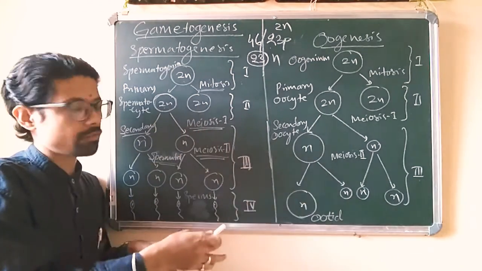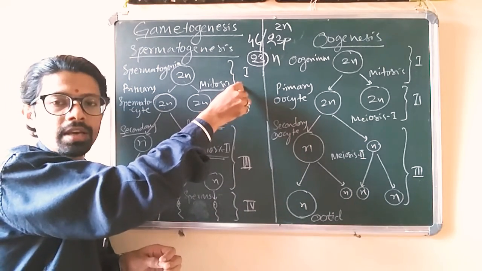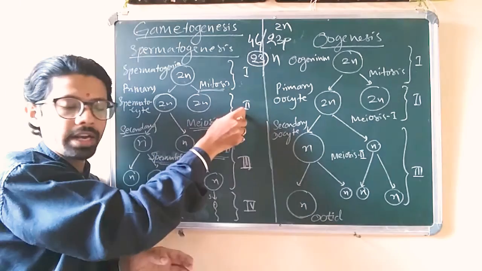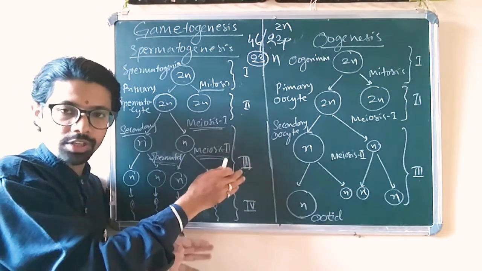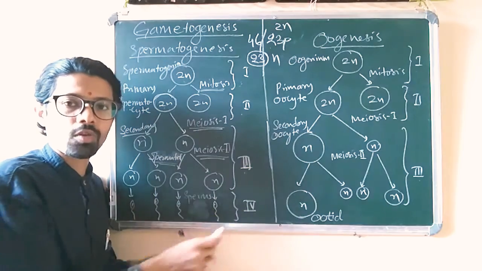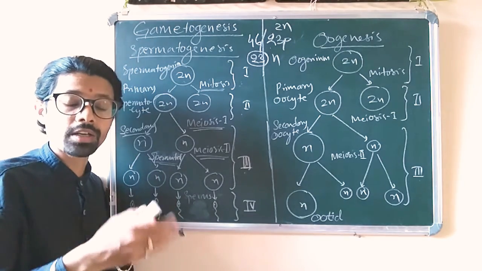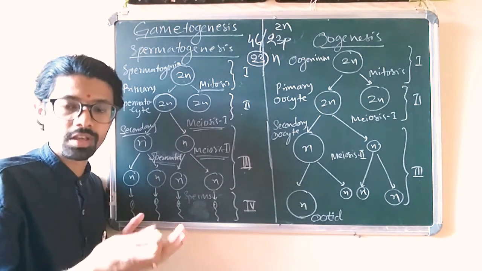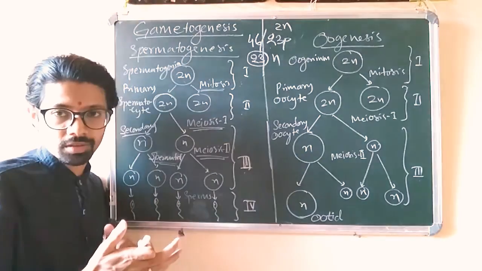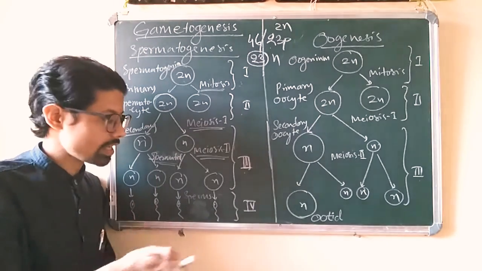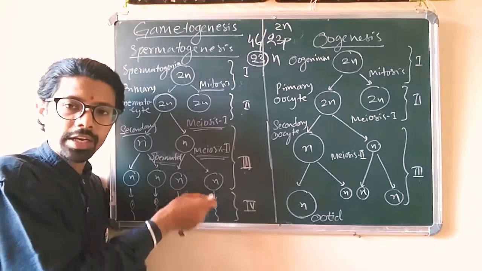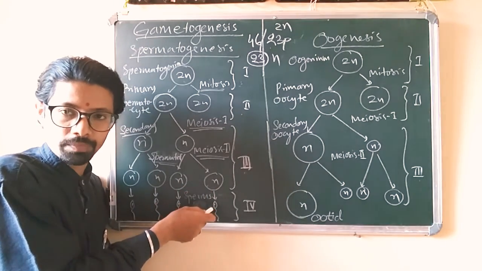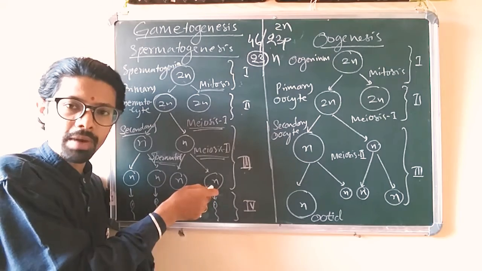First phase is the multiplication phase, second phase is the growth phase, third phase is the maturation phase, and fourth phase is called spermiogenesis. Spermiogenesis is the structural differentiation of a haploid cell into a functional motile sperm. Okay, up to this spermatogenesis is over.